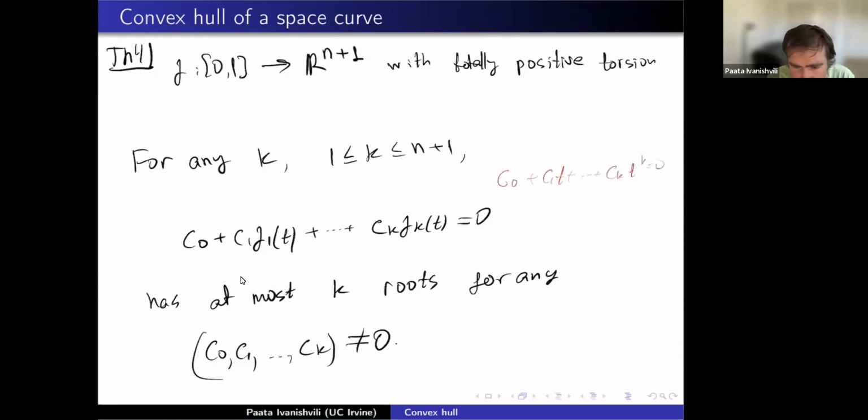We all know that polynomials have at most k real roots, but this is some kind of extension. The key fact that this curve satisfies is that it has totally positive torsion. That's the key assumption that makes them have at most k roots.